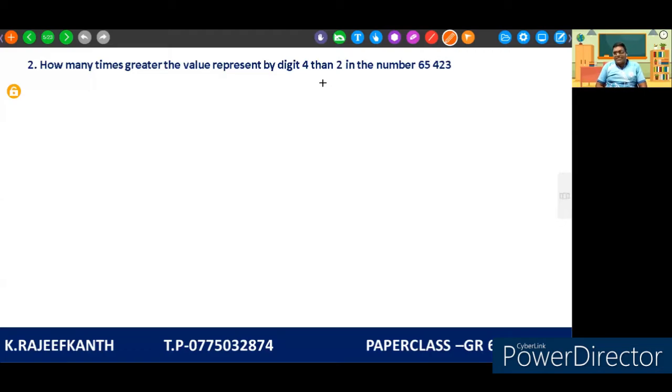Within 10 or 15 seconds, you can find the answer for this question. First you have to find the place value of each digit, then you can find the value of those digits. Then if you find the value, you can find the answer for this question.